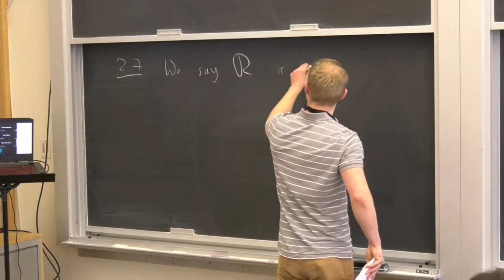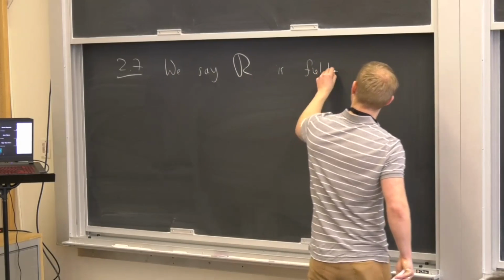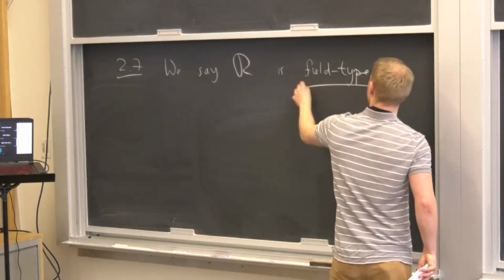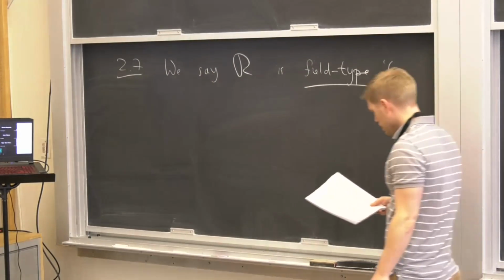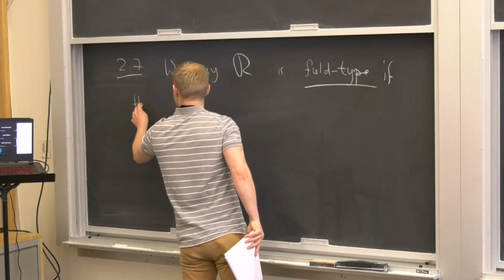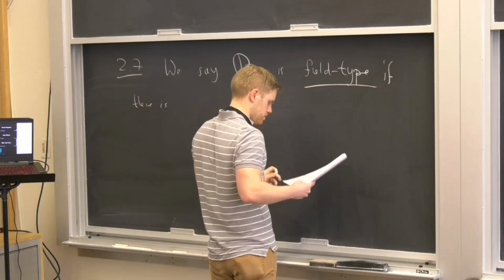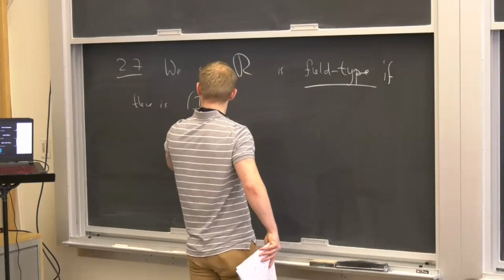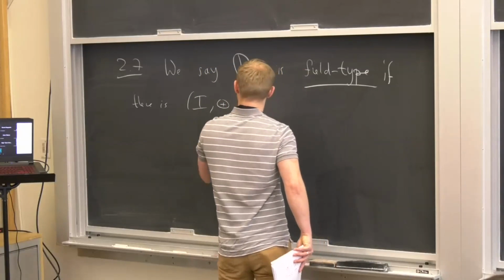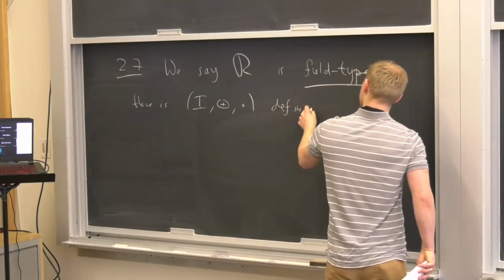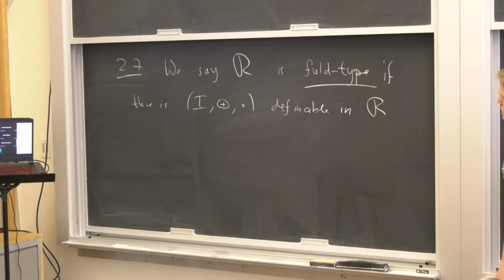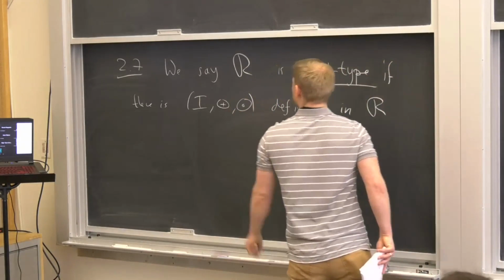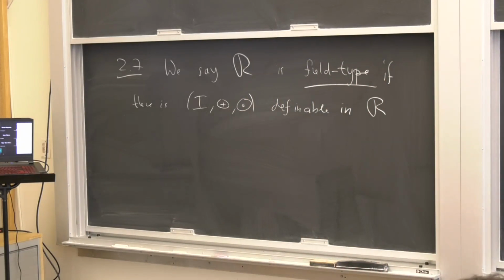And we say it is of field type if and only if there is a field definable in R, so that the graph of addition and the graph of multiplication of this field are definable.